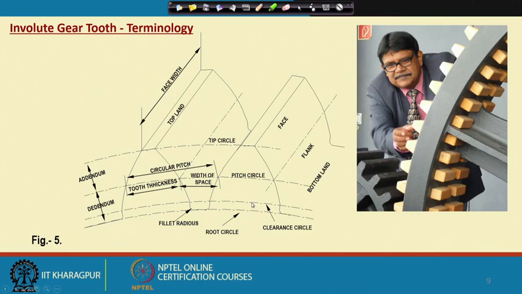Now, this clearance circle is not necessarily the base circle; rather, the tip circle of the mating gear will pass through this point and touch here. So, this portion is called clearance. Usually the base circle will be below the clearance circle.